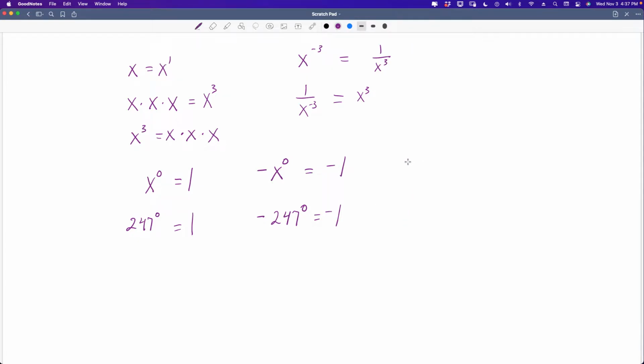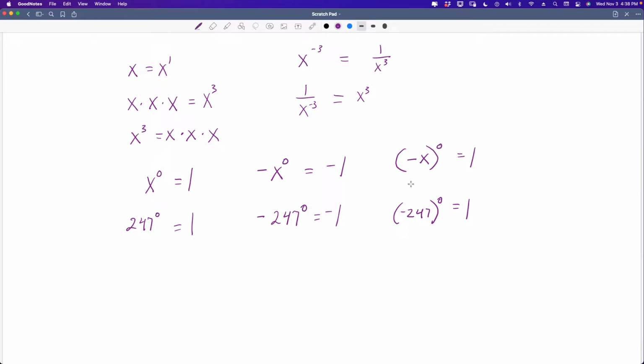Now, if the negative is included with the variable and the 0 is on the outside, then it does matter. Then you could say negative times negative is a positive, and then you have a positive 1. Right? Same thing for here. If we had negative 247 to the 0 power, that would equal 1.